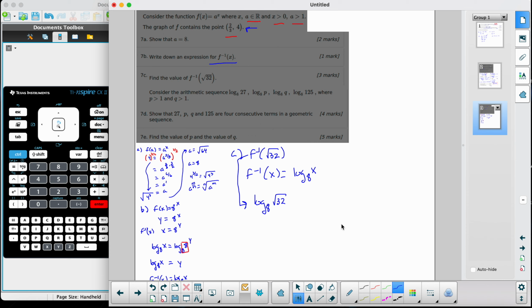Log base 8 of 32. I'm thinking, how do I want to do this? Give me 1 second. Control log 8. Okay.